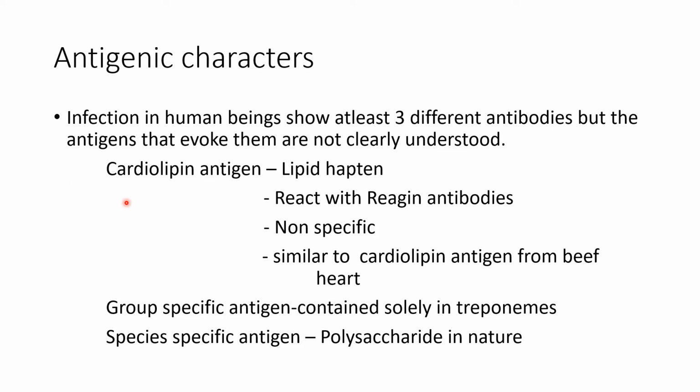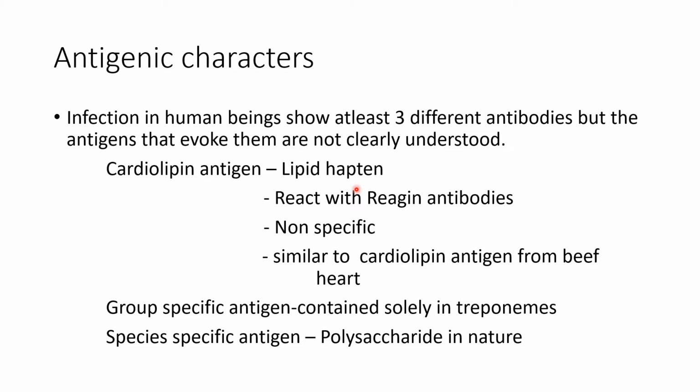The first one, you should remember it, is cardiolipin antigen. This is basically a lipid antigen. So this antigen is prominently present in this organism. As I said, it is a lipid antigen, but instead of calling it an antigen, I am going to call it lipid hapten. You will study about hapten and antigen in detail in immunology again, so let me not go into details.